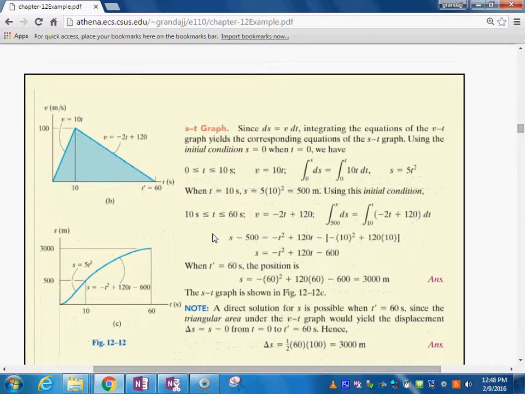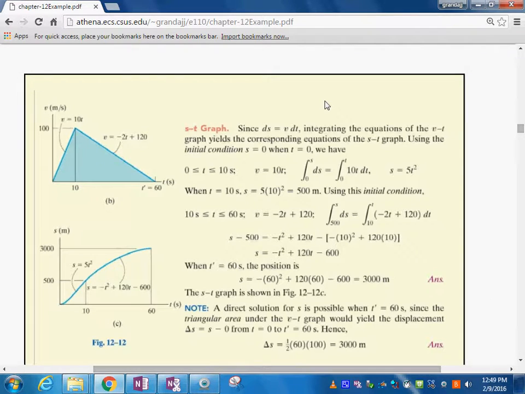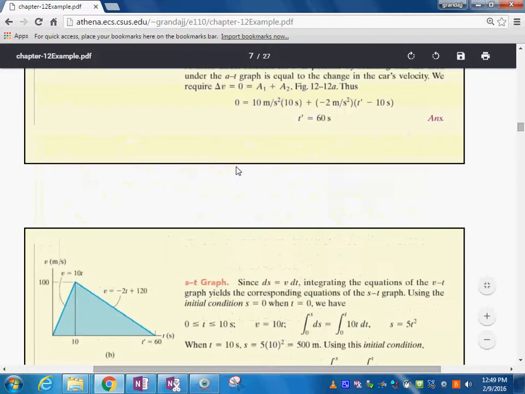So between 0 and 10 seconds, which is this one here, if you have v is 10t and you have 0 to 10, to get the position you have, this would be 10t dt.